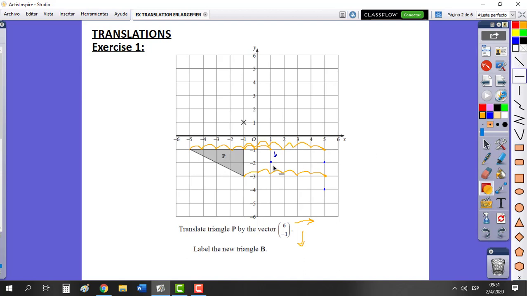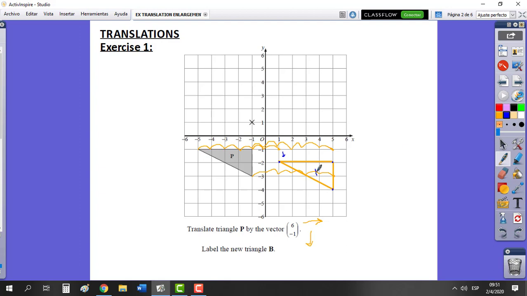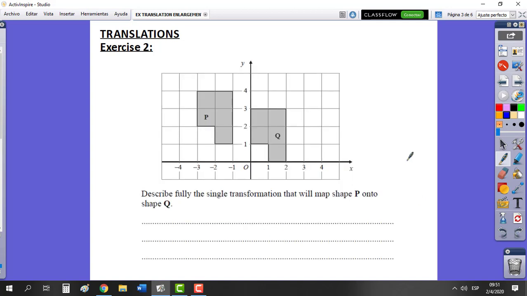So now we join the lines, in orange, okay. And we will label this figure B as the problem asks. So it's pretty easy. Let's see another example.